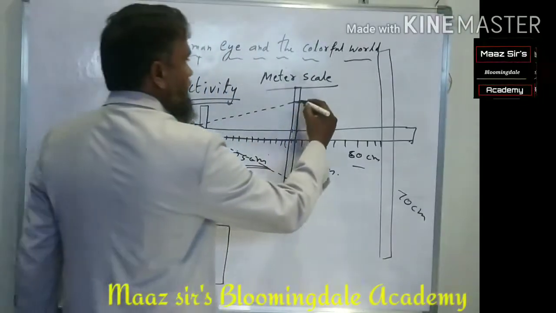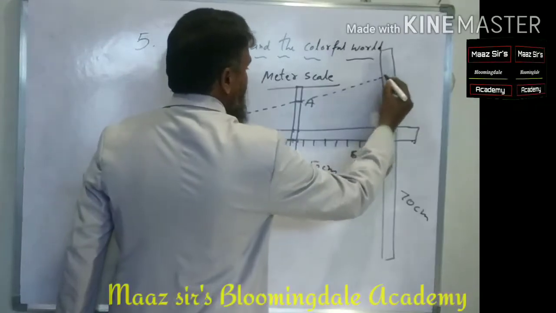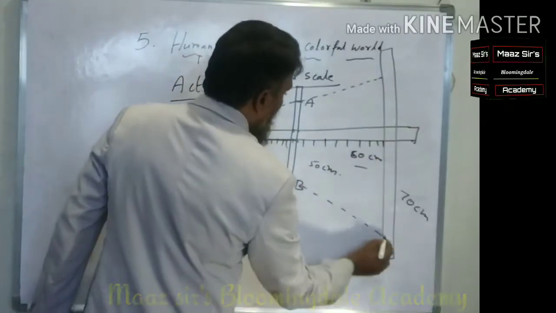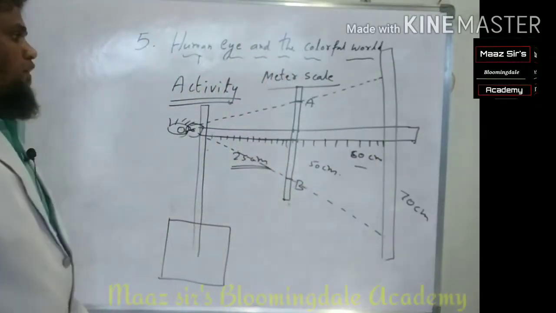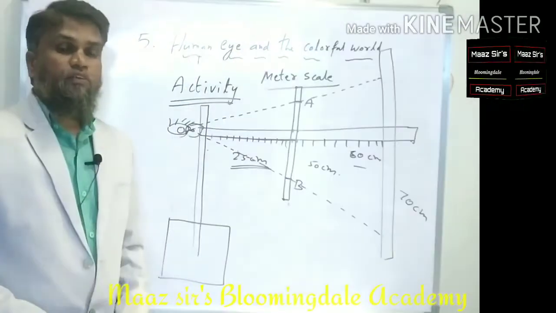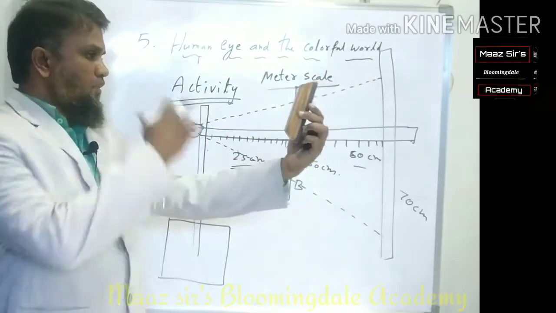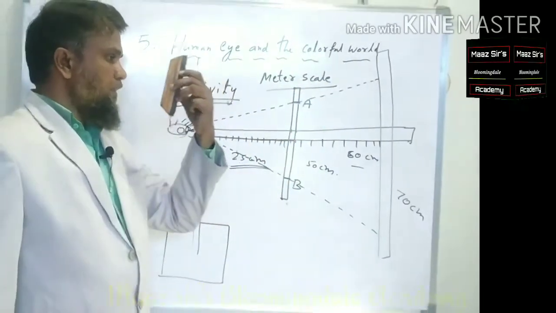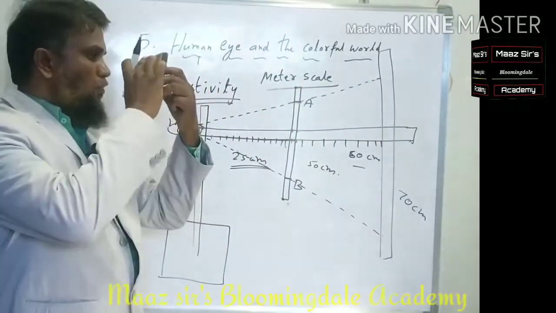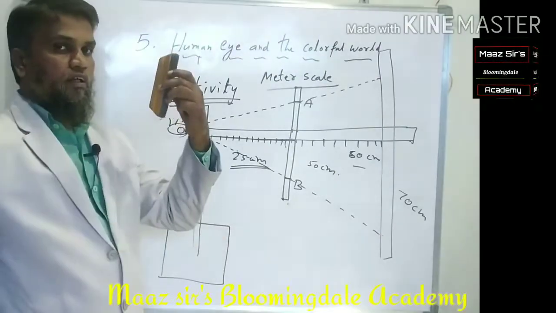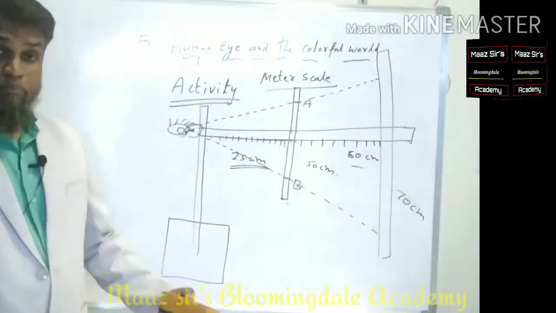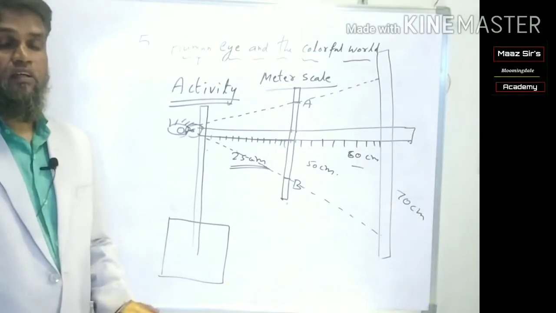No, from here also we can't see. I'm talking about the whole object. So why are we not able to see? Is it clear? So this is the object, I can see clearly. But when the object is very near, I can't see the whole object clearly. So why is it happening? What is the phenomenon here?